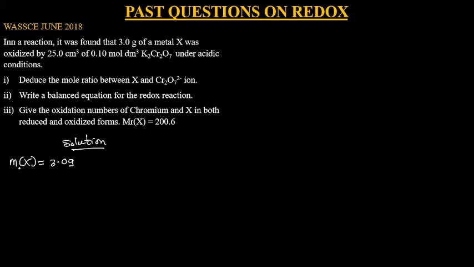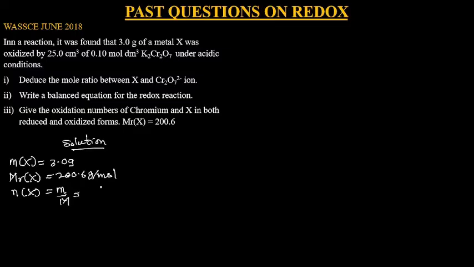And then we also know its molar mass to be equal to 200.6 grams per mole. What this means is that we can find the mole of X, because mole of X is going to be mass over molar mass.